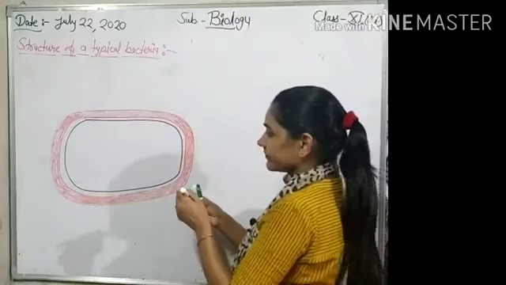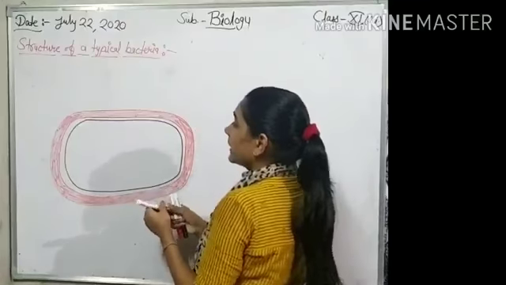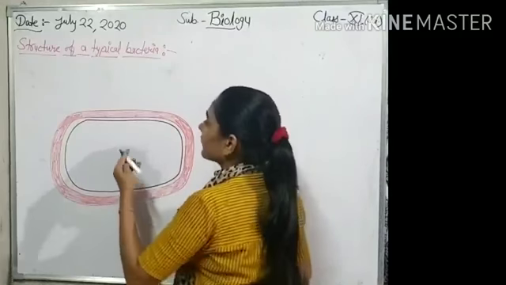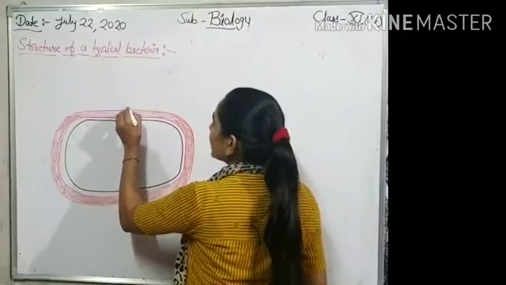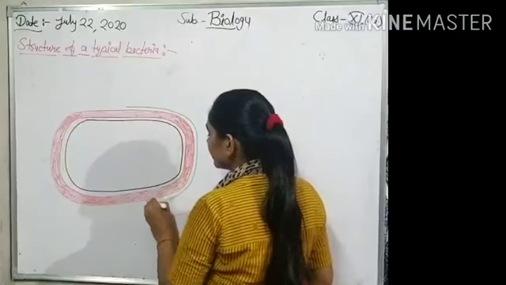Okay, but in bacteria a third protective layer is also present, which is known as the capsule.